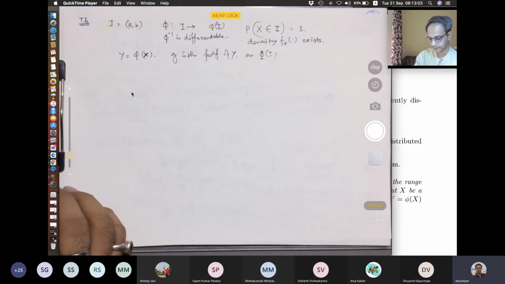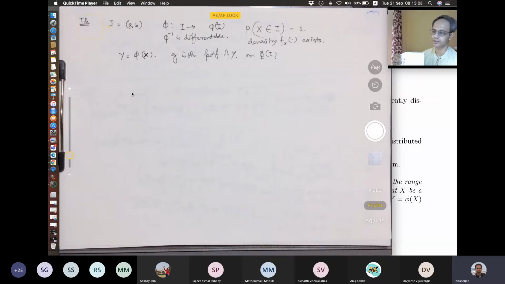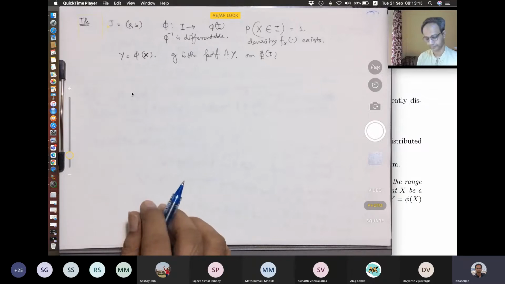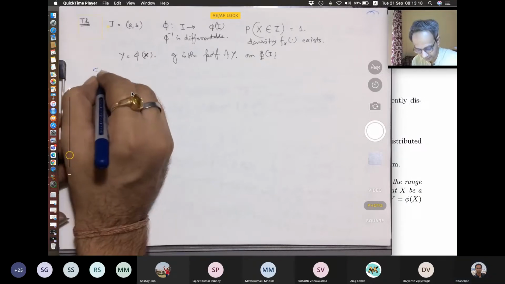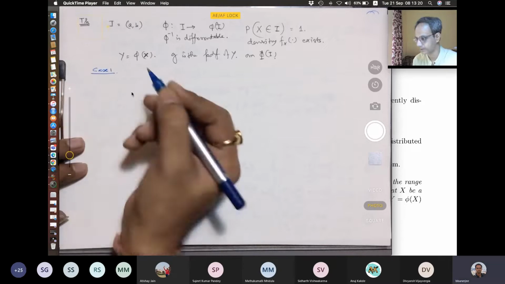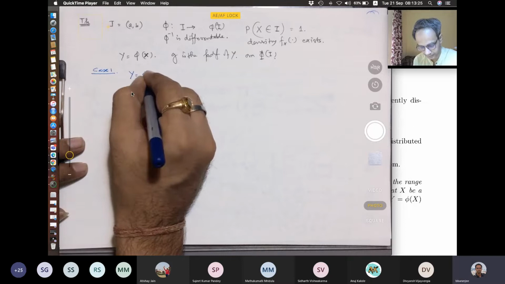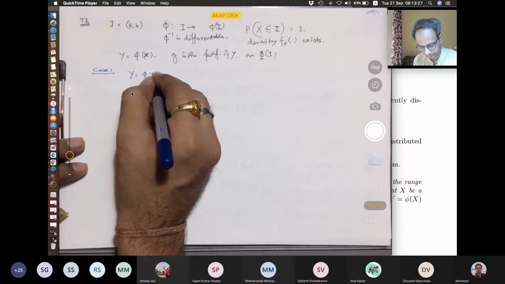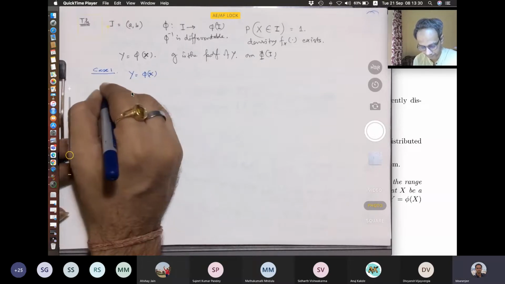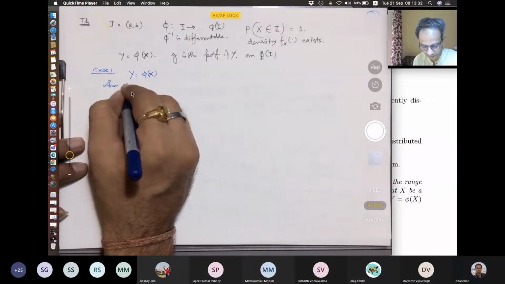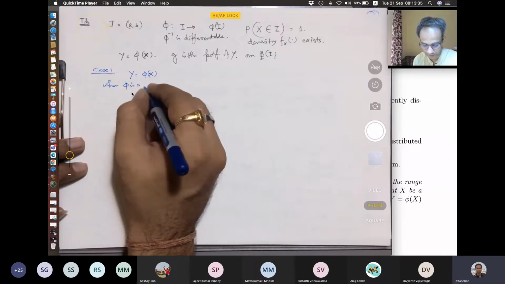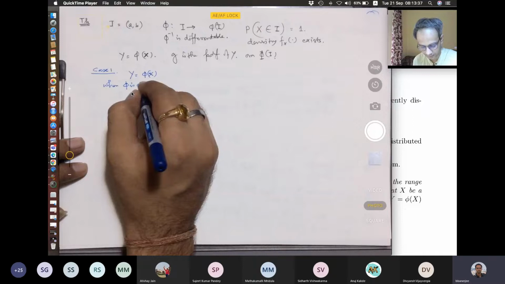Okay, so case by case. First, phi is a strictly increasing function, then phi is a strictly decreasing function. It is not at all very difficult. So, case 1: let Y equals phi of X when phi is an increasing function.